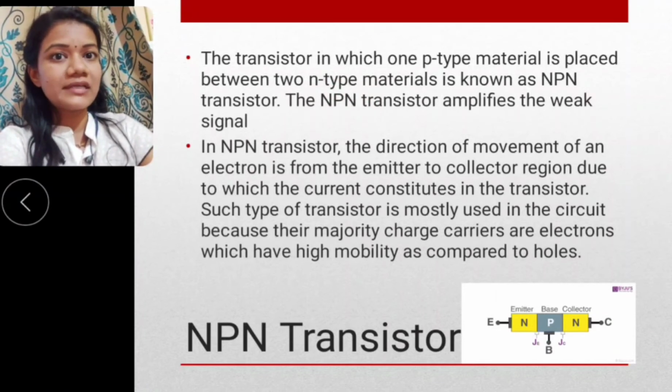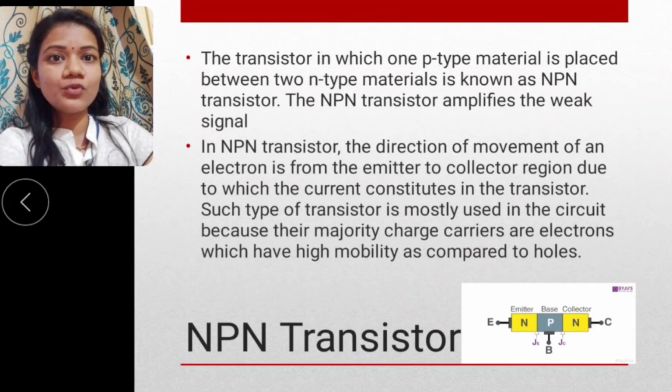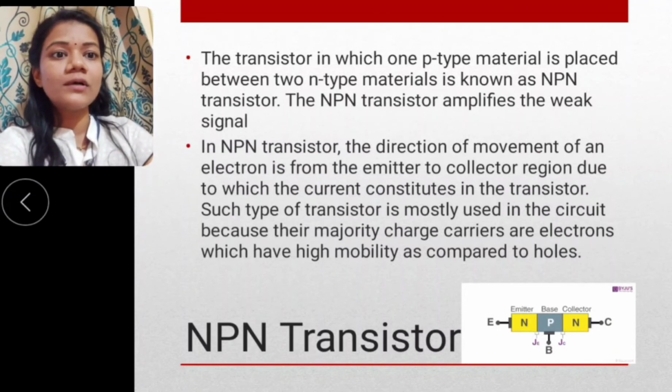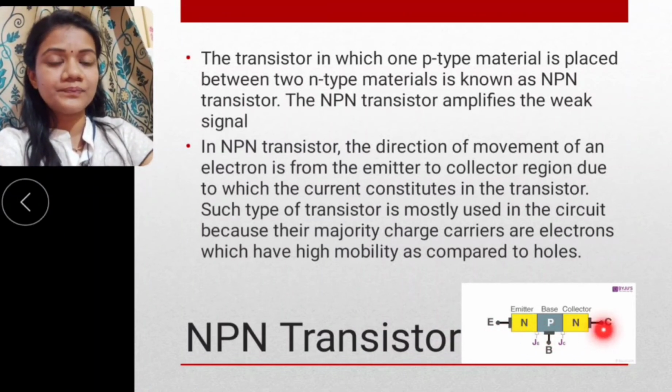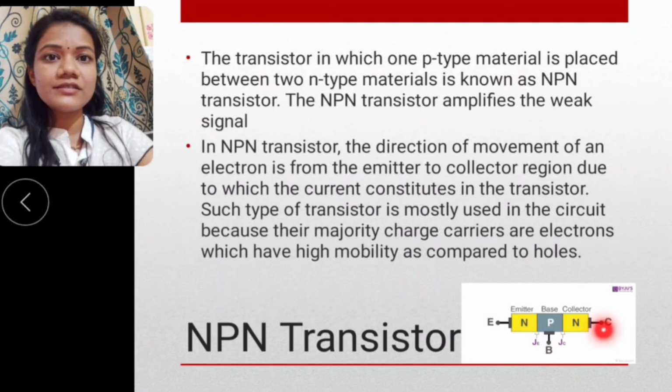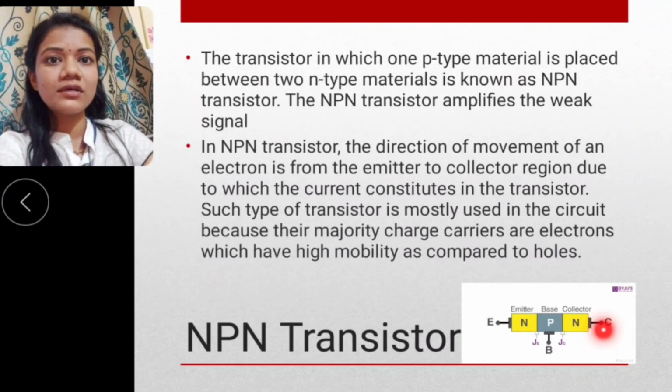So in an NPN transistor, the electrons flow from the emitter to the collector region, which constitutes the current in the transistor. Such a type of transistor is mostly used in circuits.